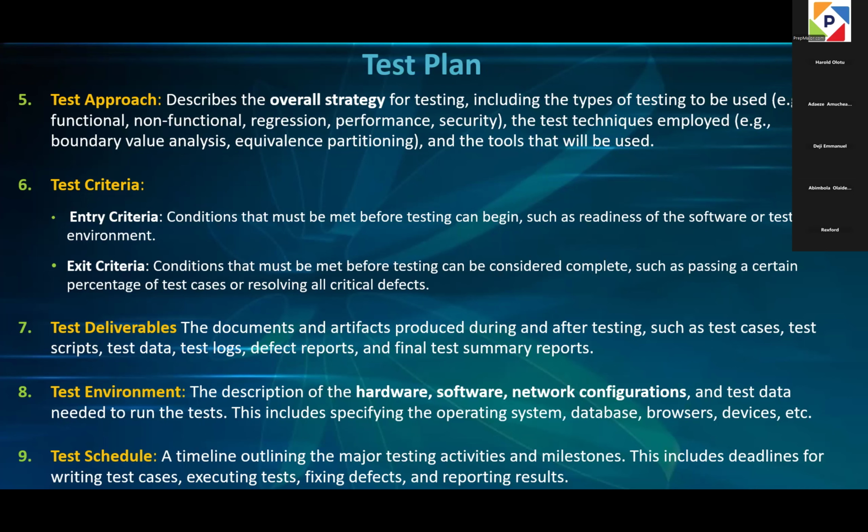So we have other additional components like test criteria, where we'll have the entry and exit criteria, and also the test deliverables, the documents and artifacts produced during and after testing, such as test cases, test scripts, test data, test logs, defect reports, and final test summary reports.